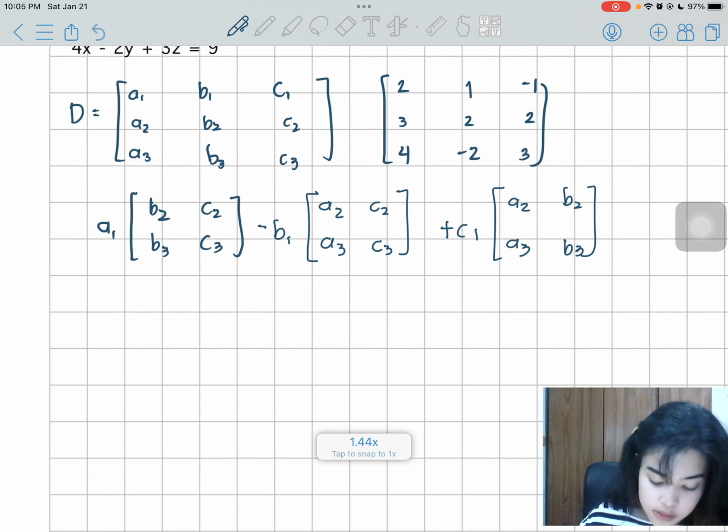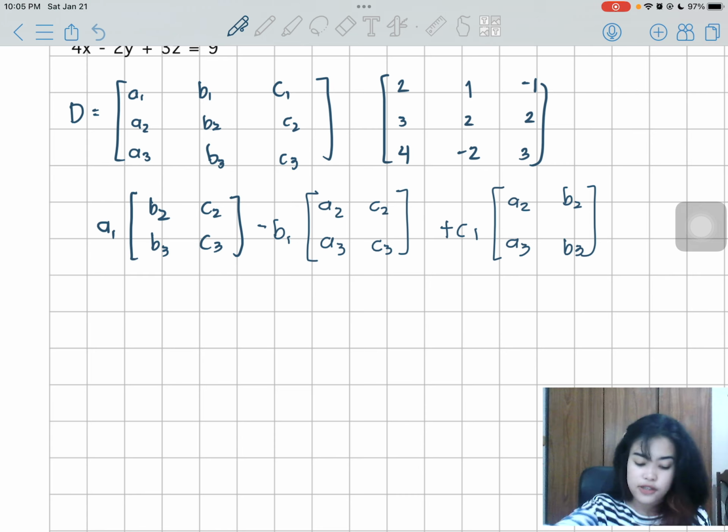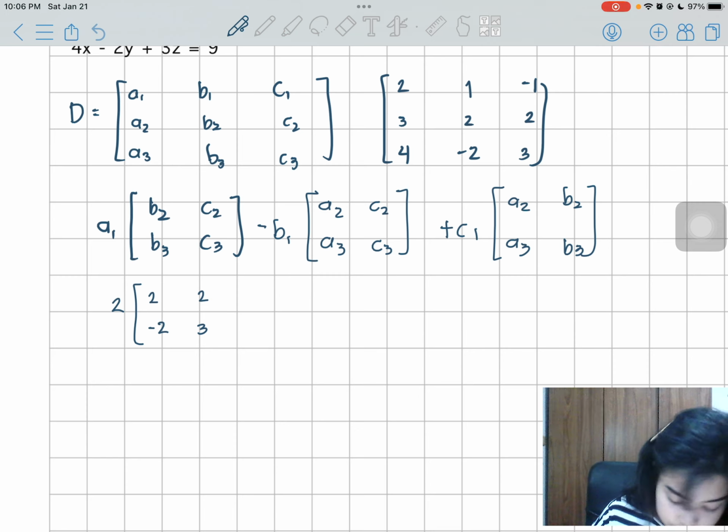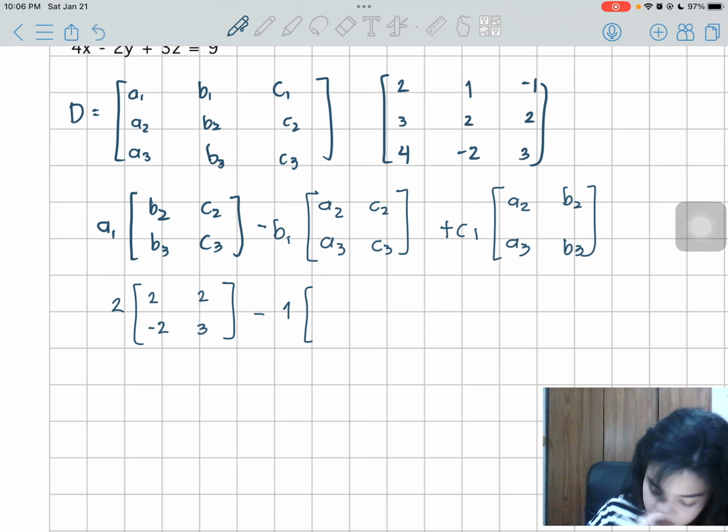And now we must substitute each coefficient with its particular value. So 2 times 2, negative 2, 2 and 3. Then b1, 1 times a2, 2, 3, 4, 2 and 3.